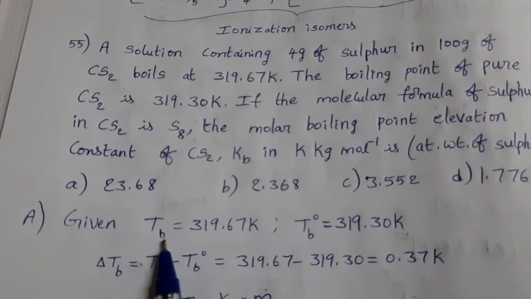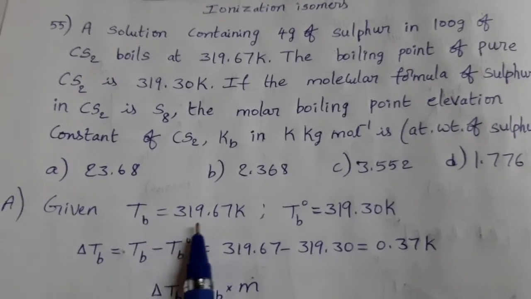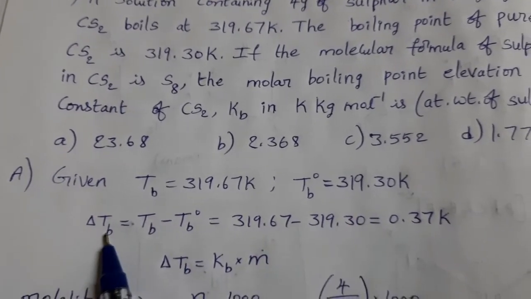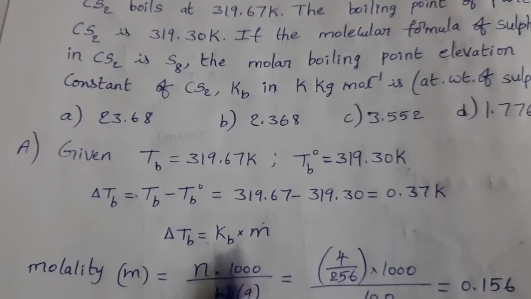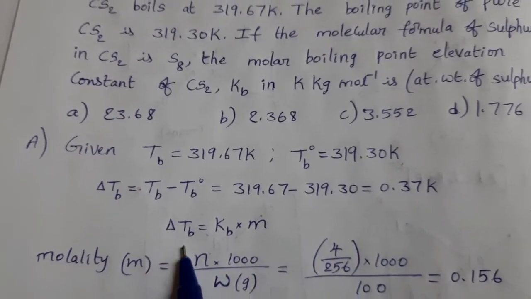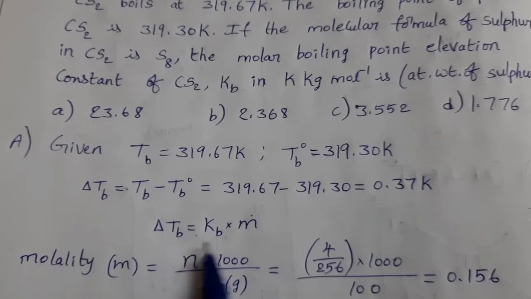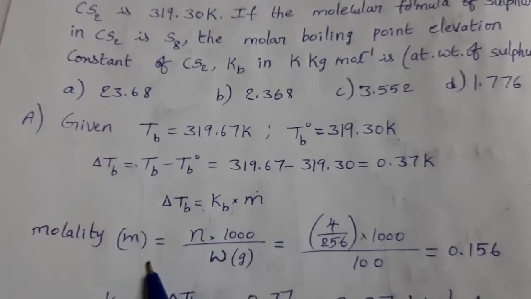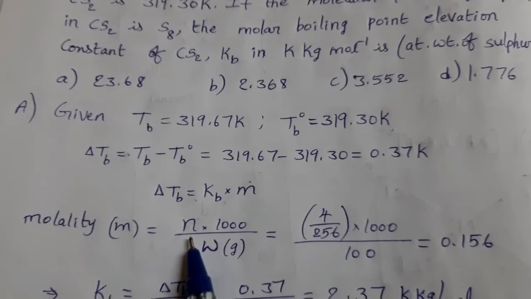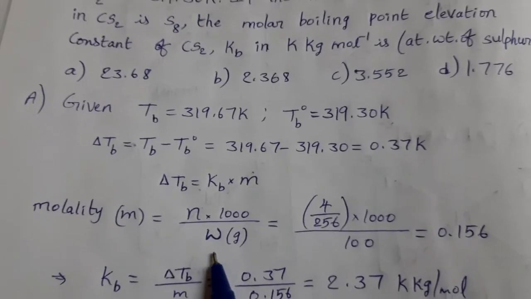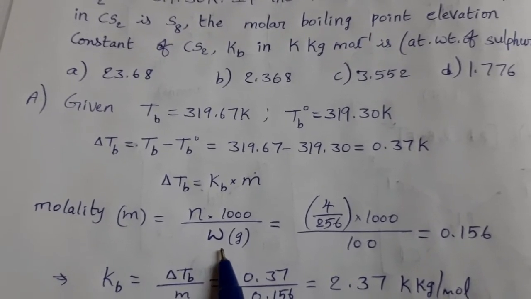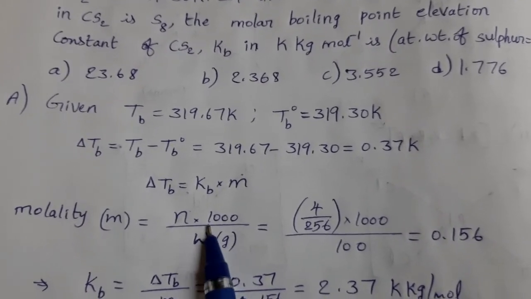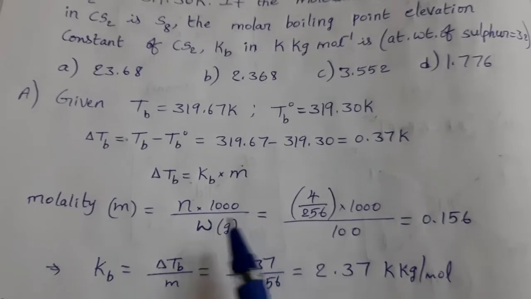Given Tb equal to boiling point of this solution, 319.67 Kelvin, boiling point of solvent this one, delta Tb we calculate. We know the formula: delta Tb equal to Kb into m. Here m means molality. Molality equal to number of moles of solute present in 1 kg weight of the solvent. Here solvent is given in grams, so we have to multiply with 1000.